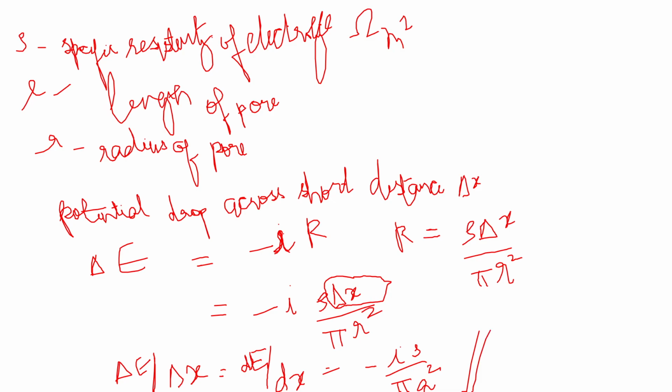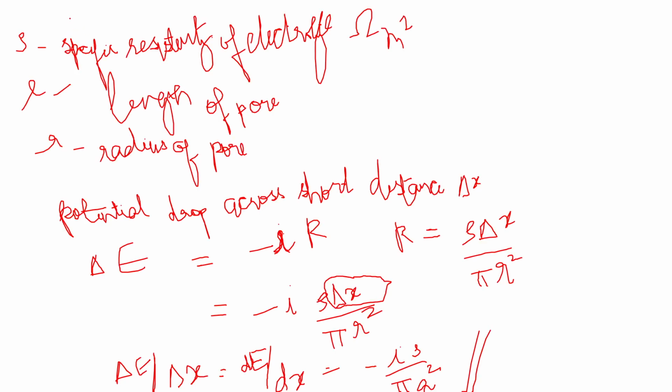Now you have to find out what is del I. Okay, what will be the current that is passing through the cylindrical side wall of length L. So first we found out what is the potential drop across the pore. Now we are finding out what is the change in the current. Okay, so we all know V equal to Zi. So any change in current will be because of the change in the potential.